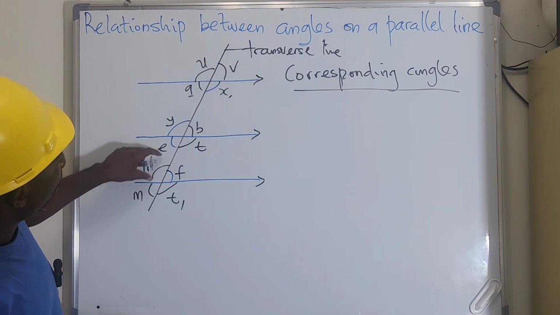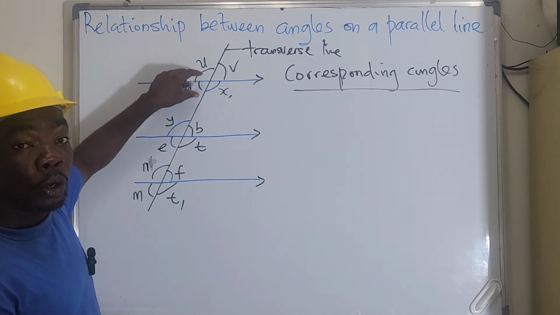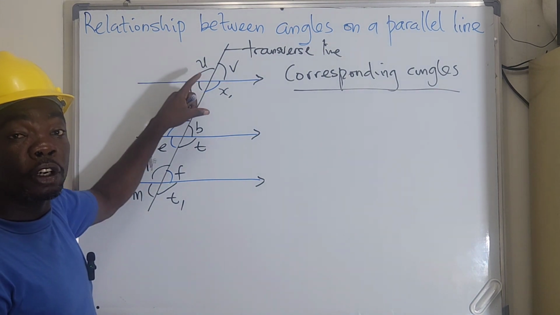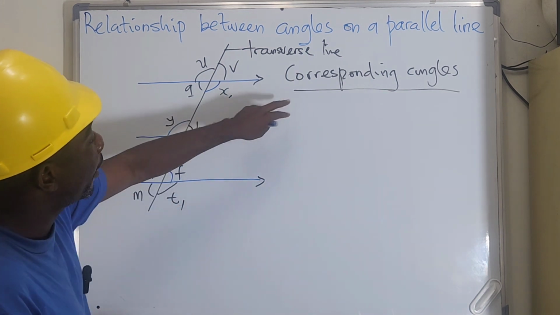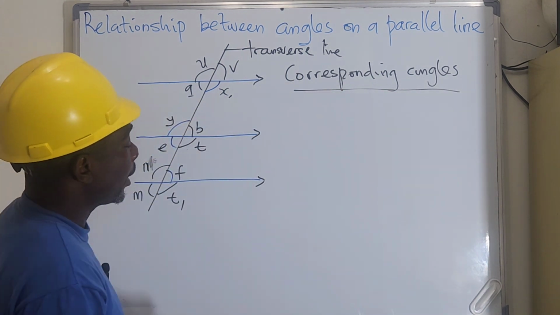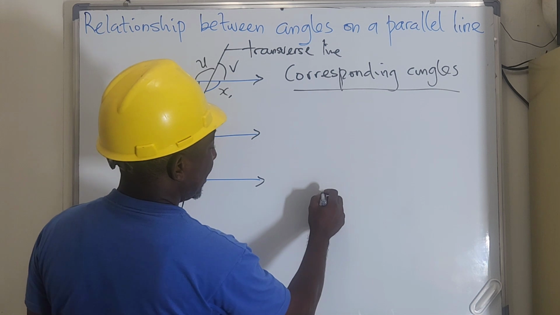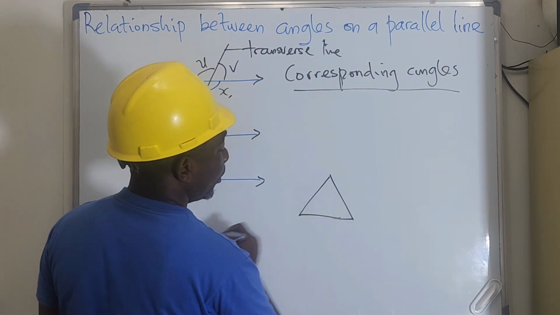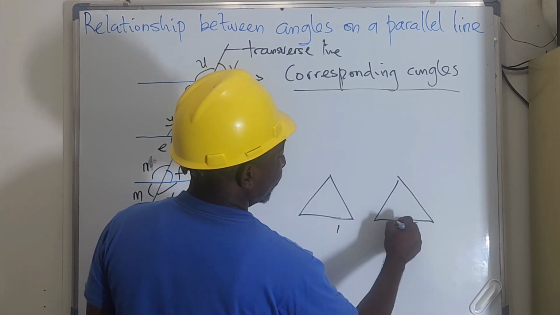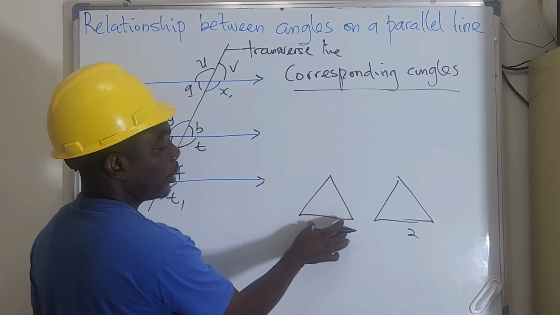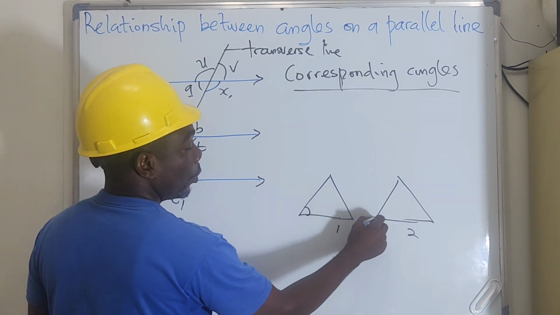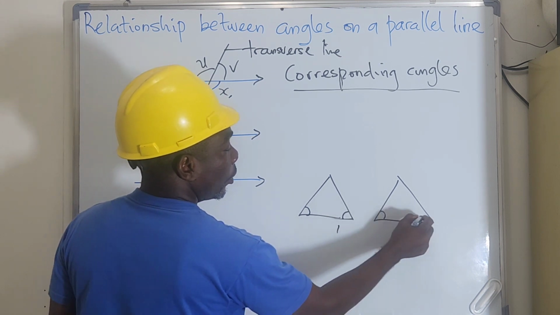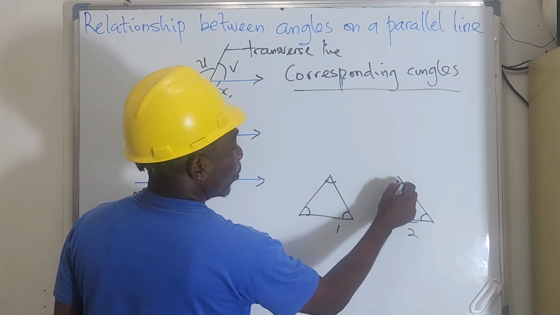Here we have angles surrounding the point of intersection of the transverse line and the parallel line. For us to have a corresponding angle, when you have two figures like this, let's say triangle 1 and triangle 2, you bring triangle 1 and place it directly on triangle 2. You see that this angle will enter here, this one here, and this one here.